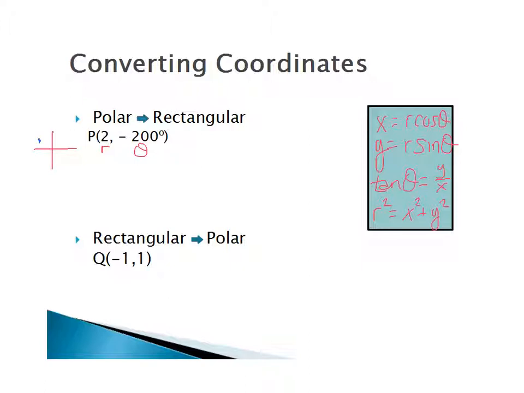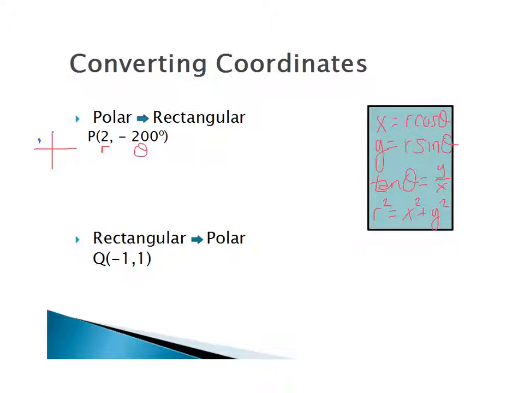What I'm going to do is find the x and y coordinates if that was on a Cartesian coordinate plane or a rectangular coordinate plane. I know r and theta. That means I could do this real quick and I could do this real quick and find my x and my y. If I take 2 times the cosine of negative 200, now negative 200 is not a unit circle thing, so we'll be going decimal on these.